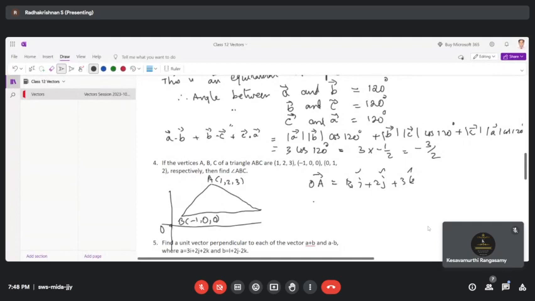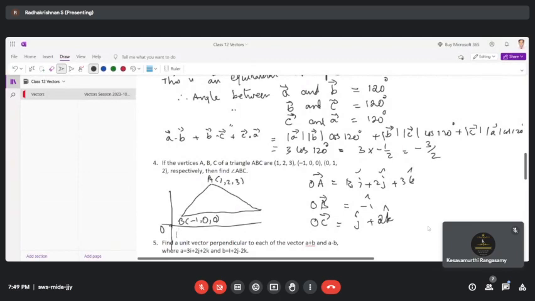I have drawn the triangle randomly. Similarly OC. This is what is given, OA, OB and OC.